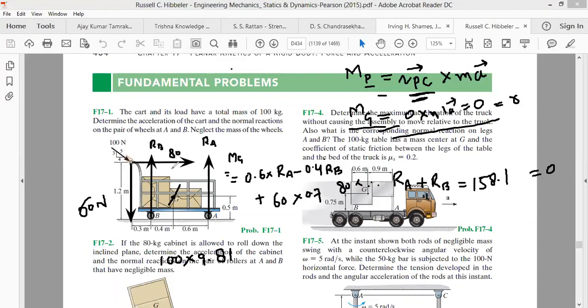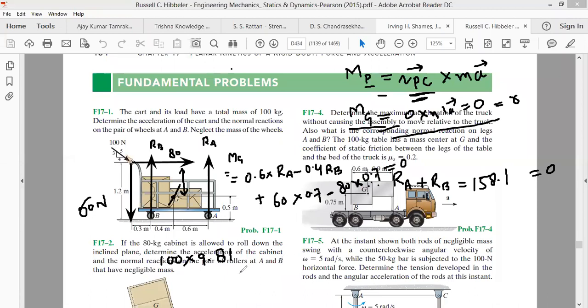It is trying to rotate the cart in the clockwise direction, so it is minus. The distance from here to here is 0.5. This total distance is 1.2. Therefore, the distance from here to here will be 1.2 minus 0.5, that is equal to 0.7. This is the summation of all the moments about the center of gravity.